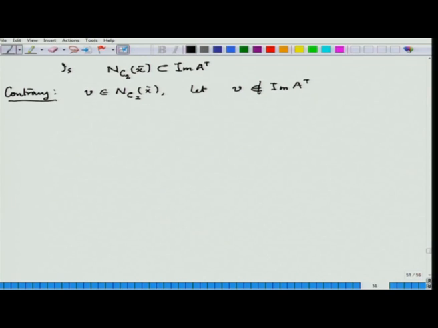The image of A transpose is a closed set, and we had already spoken about the separation theorems in the very beginning. If V is not in the image of A transpose, since the image of A transpose is a closed convex set, then what should we do?